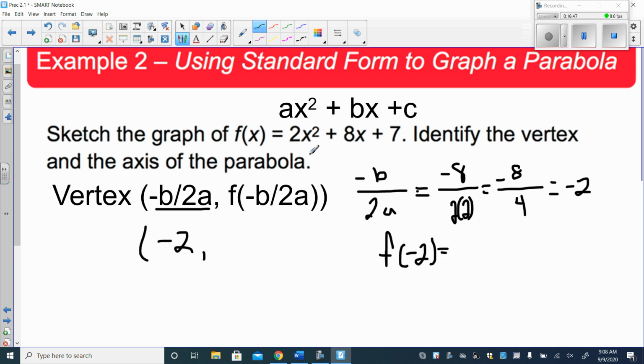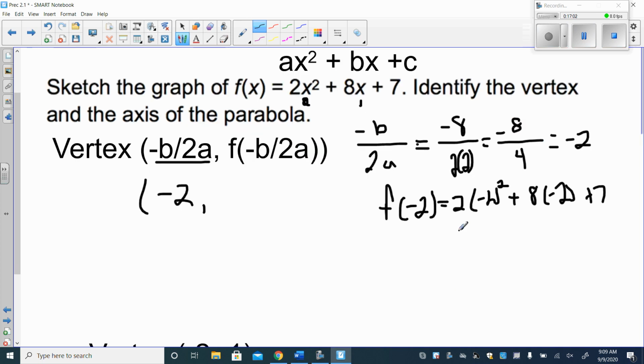So what we're going to do is plug negative 2 in for each one of these x's. So we'll have 2 times negative 2 squared plus 8 times negative 2 plus 7. So we're just plugging it into the function.